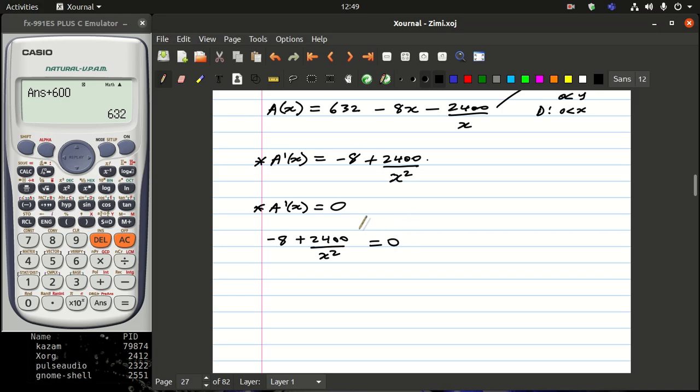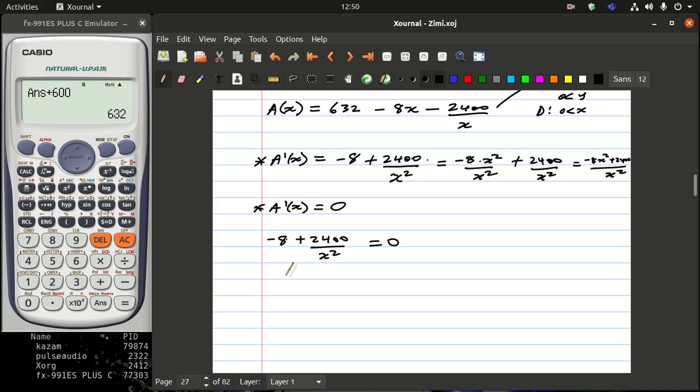One thing that I want you to realize here is that this thing here is the same as minus 8 times x squared over x squared. This and that will cancel out, plus 2400 divided by x squared, which is the same as minus 8x squared plus 2400 all over x squared.